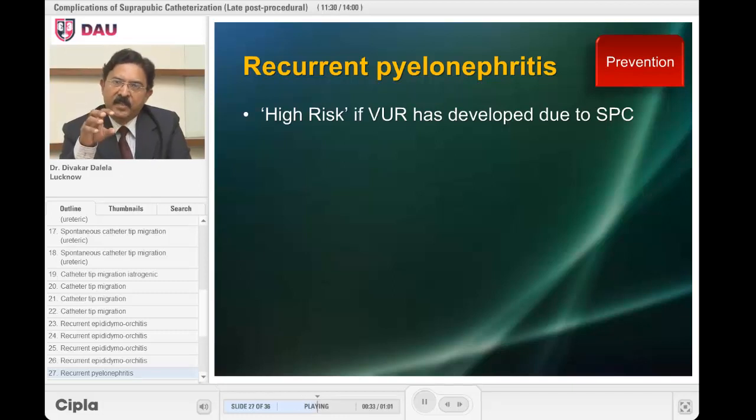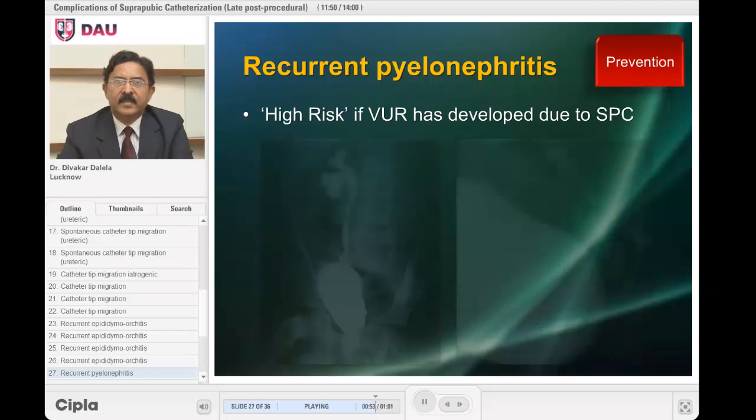Now if this patient is also having bladder spasms because of the balloon or because of tip irritation, then because of spasm, some urine refluxes back into the kidney and this urine is full of bacteria. So then there are chances of pyelonephritis in this patient. Like that, right? This is the MCU that you did.